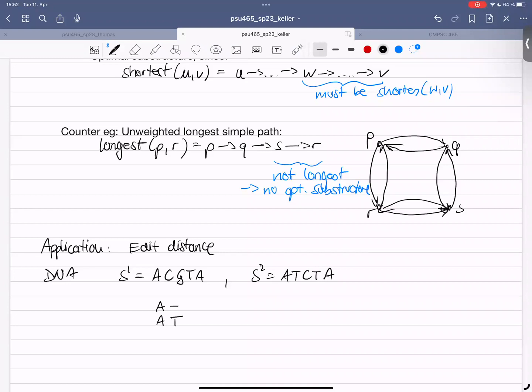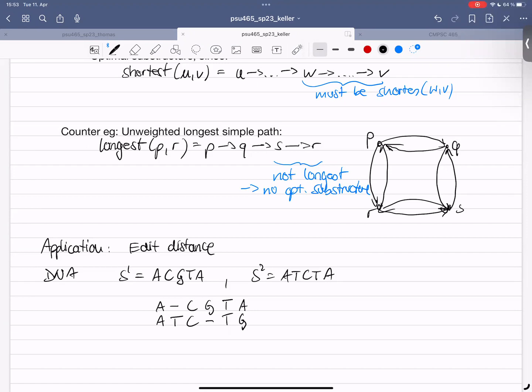And after having done that, I can proceed with the next character in S1, which is a C. And it's also a C in the second string. So we have found, again, two identical characters. Then I have a G in S1, for which I don't have a matching character in the second one. So I align it to this special symbol, the gap. Next comes two T's that I can align. And in the end, I align the remaining two characters, A and G.